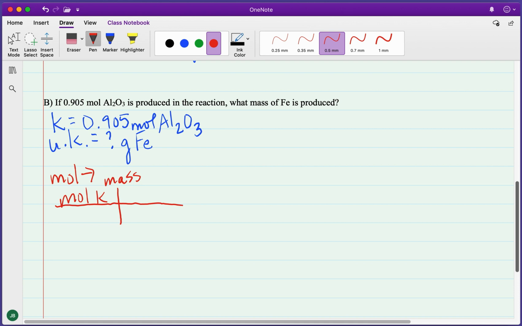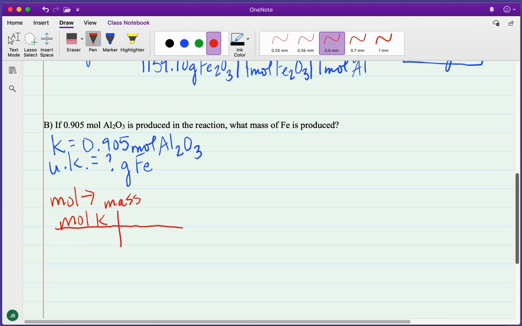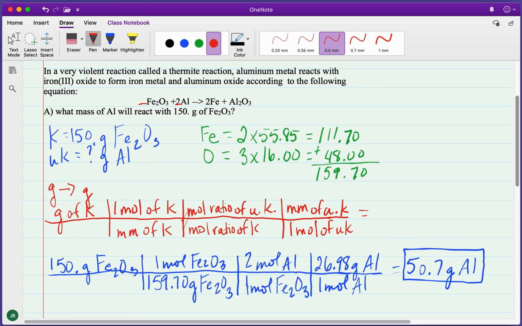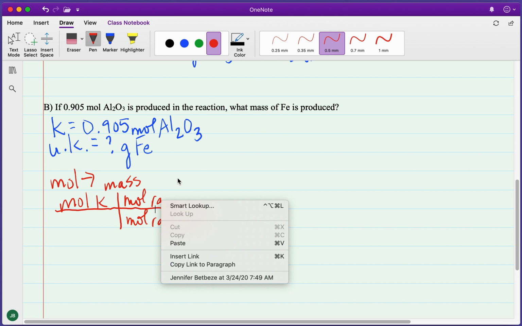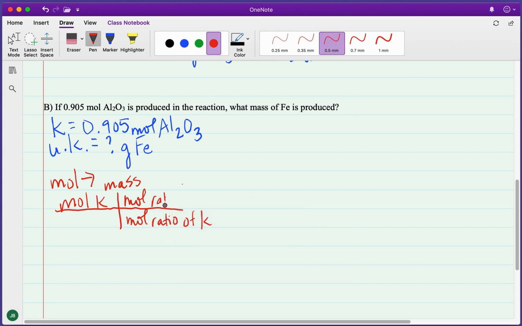So let's go back to our balanced equation and see what those numbers are. So for aluminum oxide, it's an understood 1 and the iron is a 2. So this is going to be the mole ratio of the known and mole ratio of the unknown.